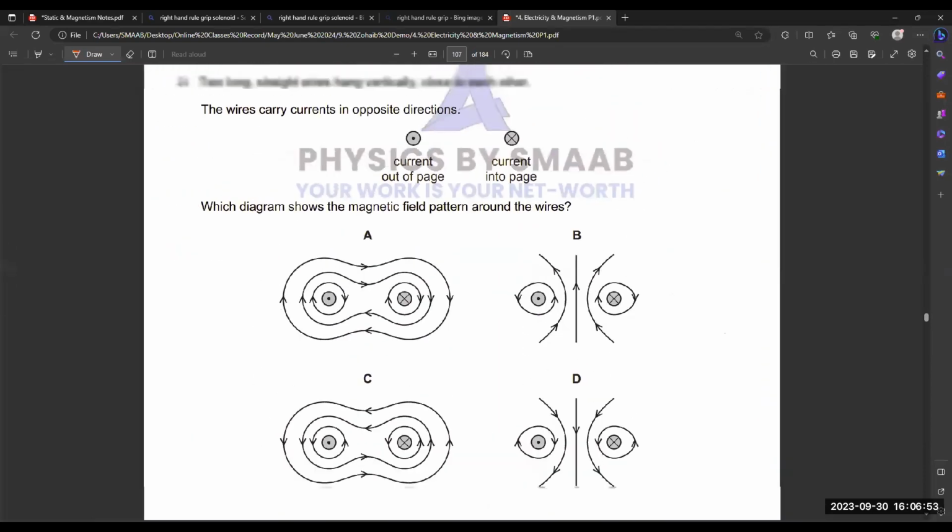And you can see another question related to the same thing. Two long straight wires hang vertically close to each other, the wires carrying current in opposite direction. So one is out of the paper and second one is into the paper. So which diagram shows the magnetic field pattern around the wires?